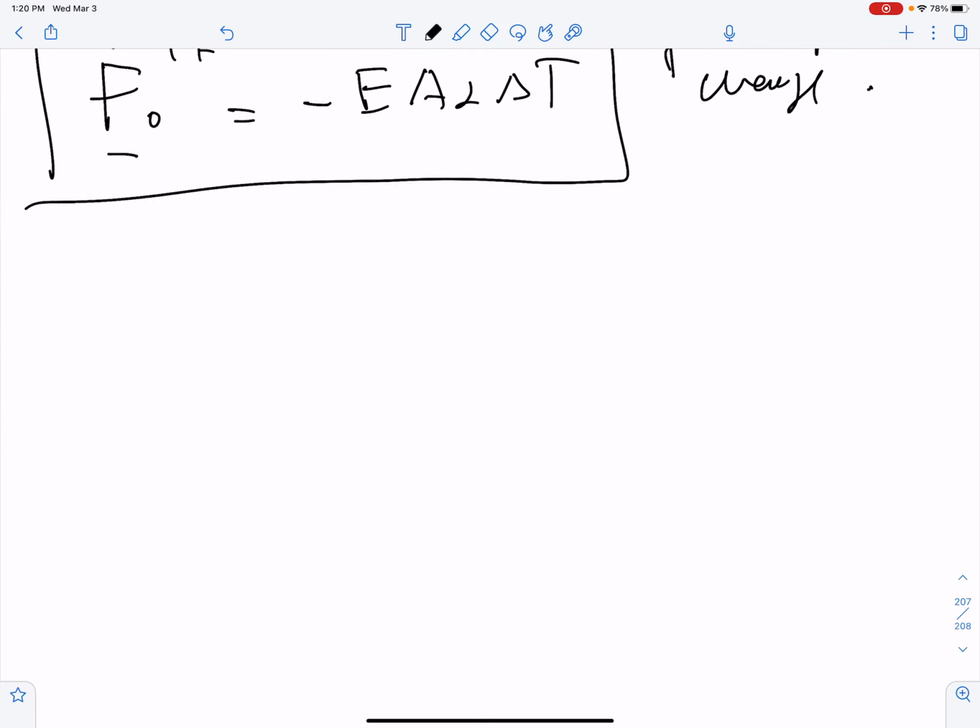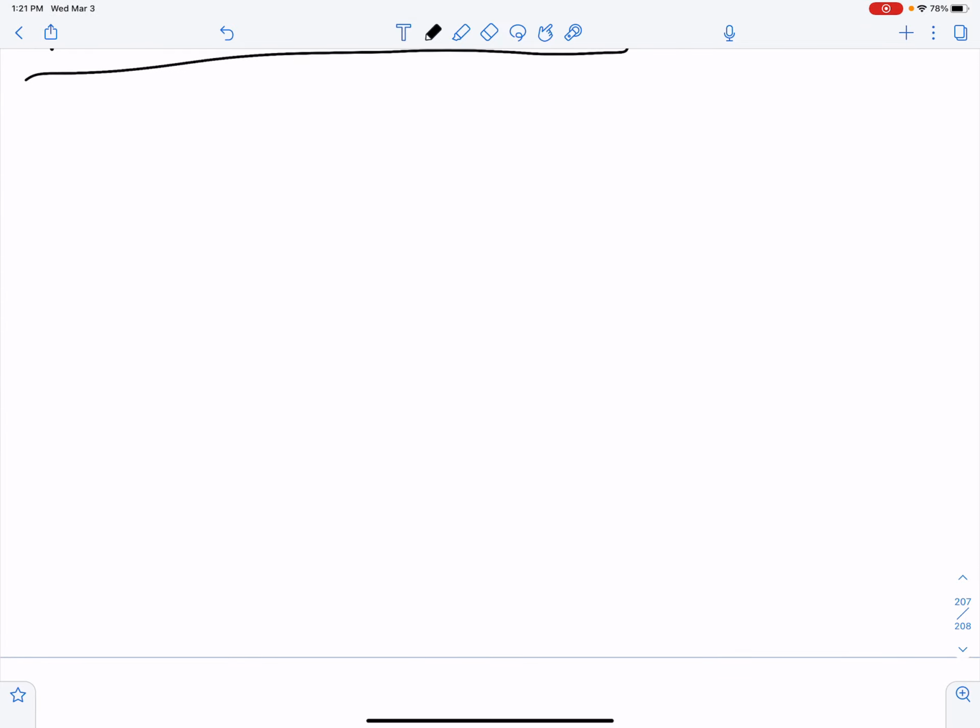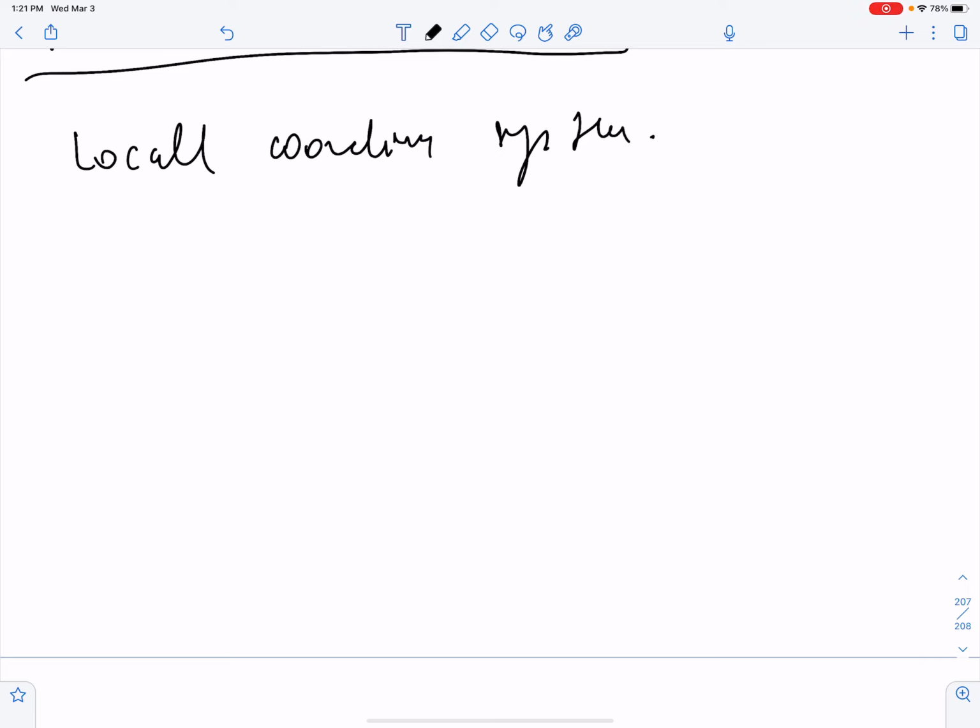And so in the local coordinate system, this relationship is reflected as follows.